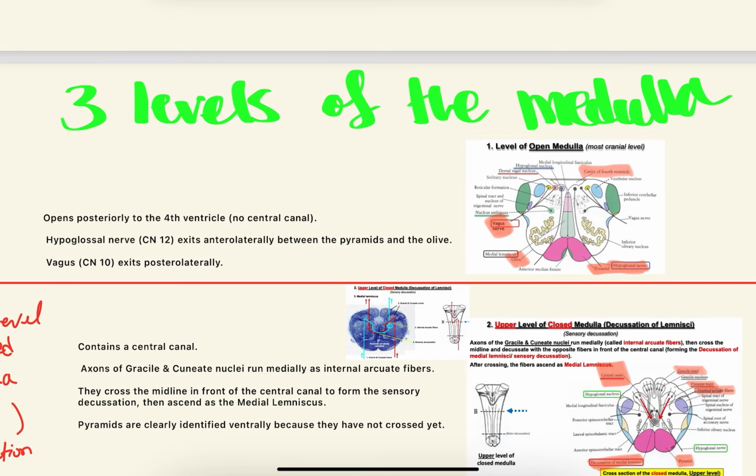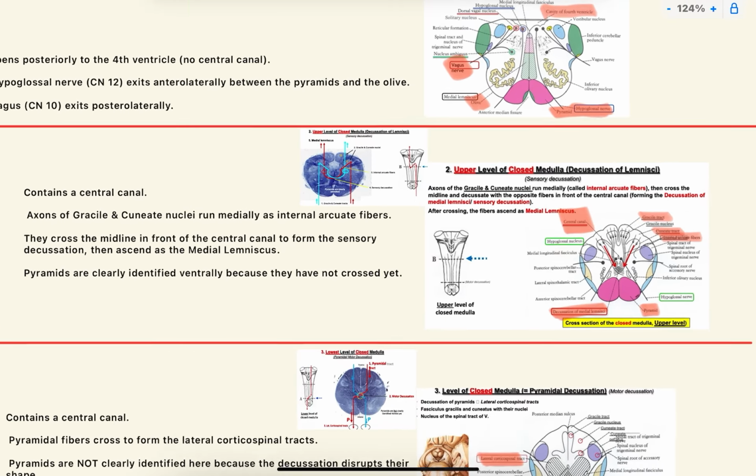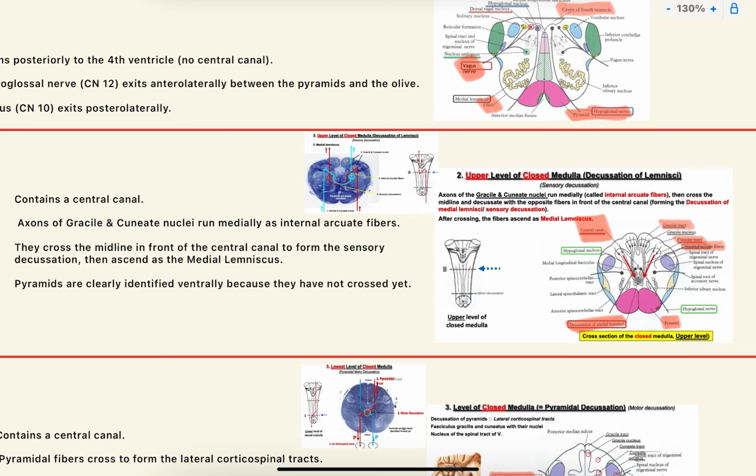Now, for the closed medulla, the upper part, the sensory decussation, it has a central canal. The central canal will be right here in the middle. And they have the gracile and the cuneate. They will come medially and form the tracts, called the internal arcuate tracts.